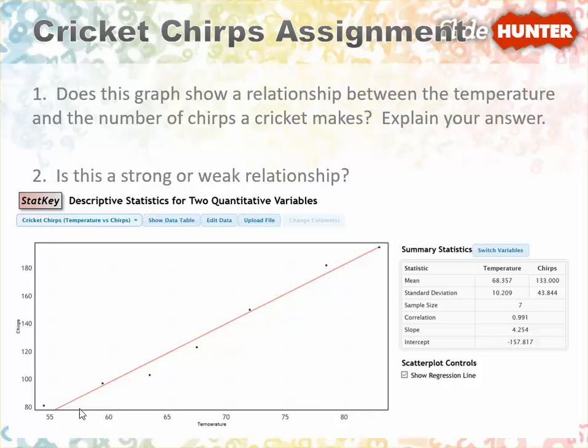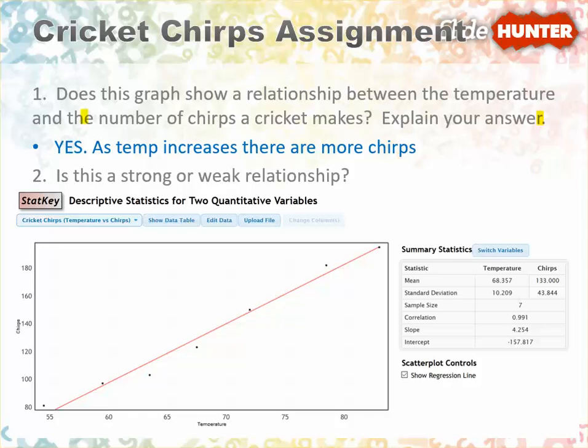And you can look at it and be like, well, yeah, obviously that line, which isn't shown at first, shows that there is an increasing relationship. So I would say, yeah, there clearly is a pattern. I can tell that as the temperature increases, the crickets chirp more.